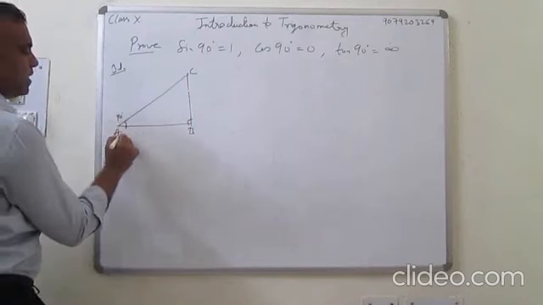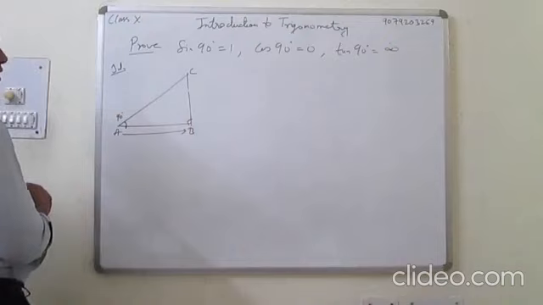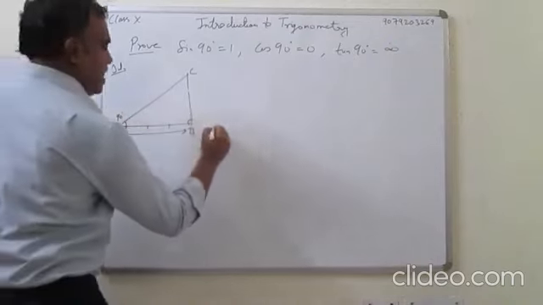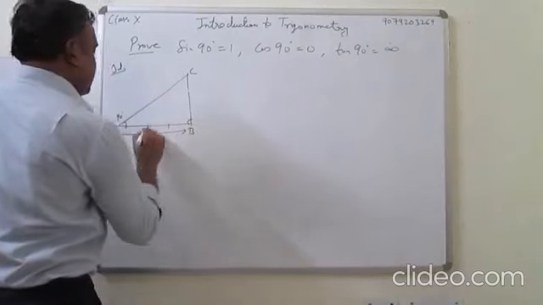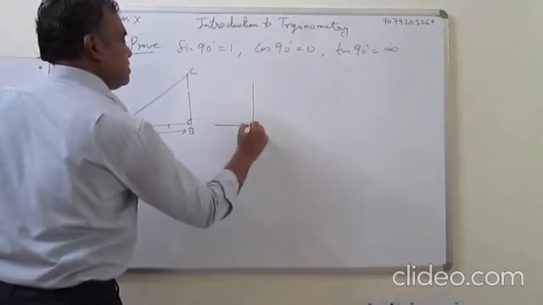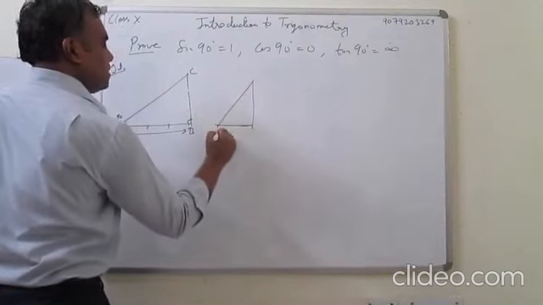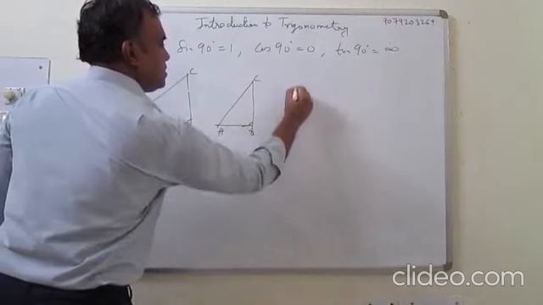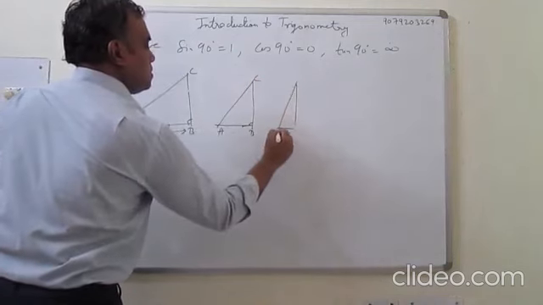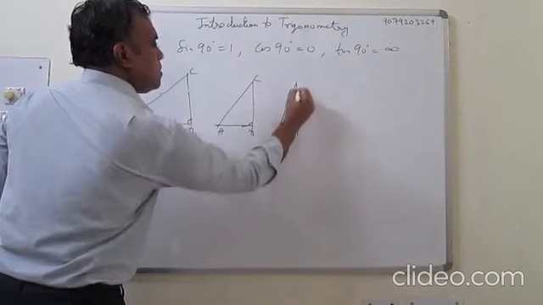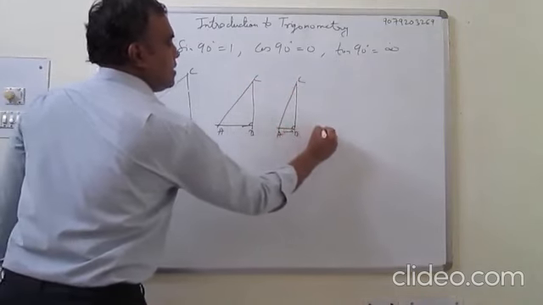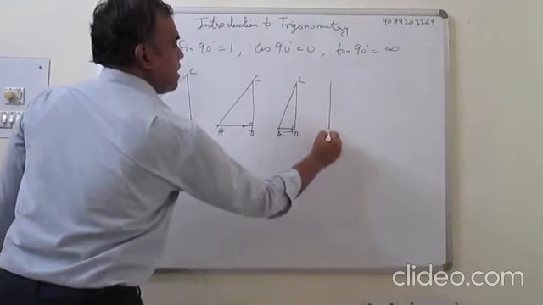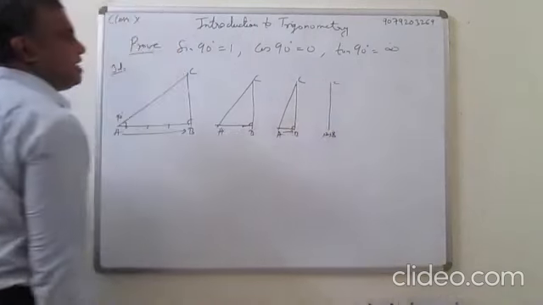When does it become 90 degree? When A reaches B. First it will come here, then here, then the position looks like that. And finally A comes at B, C is as it is.